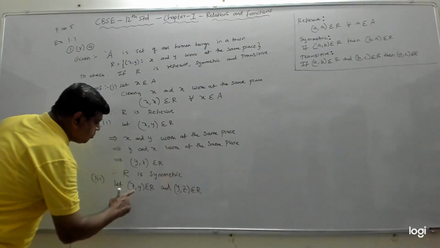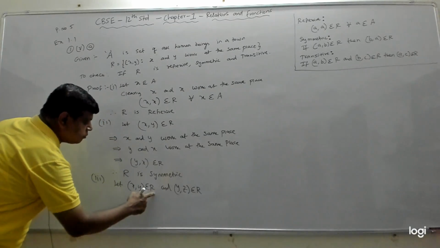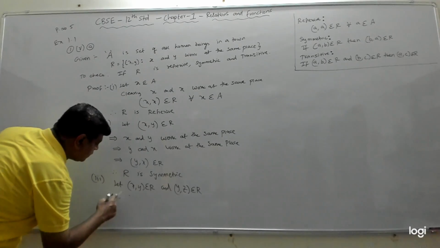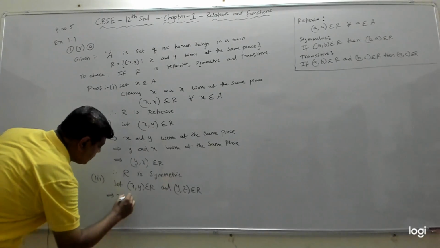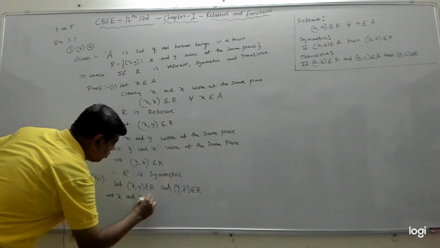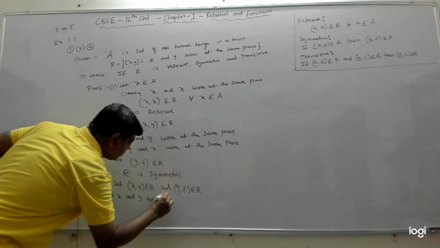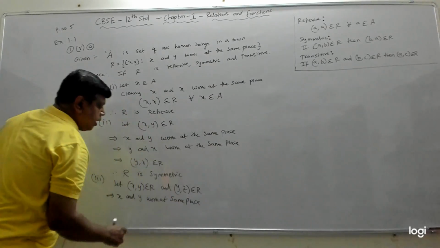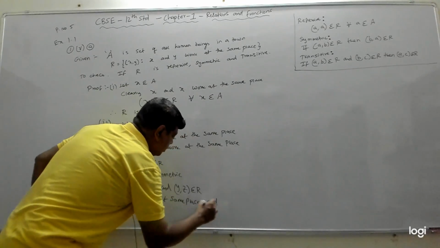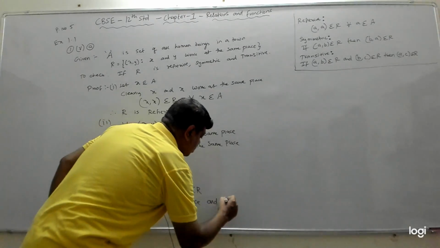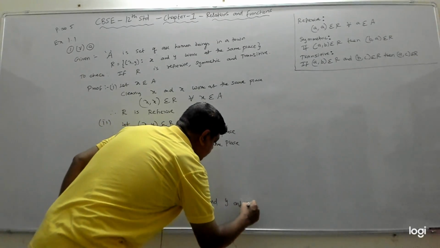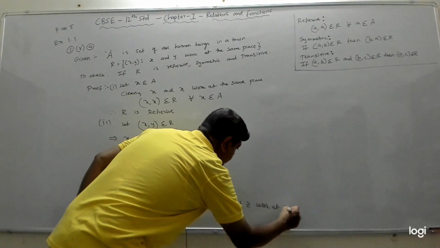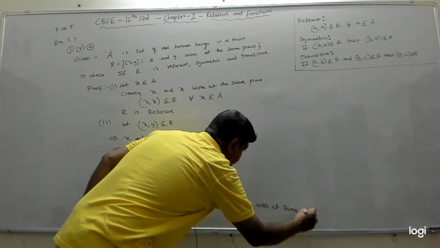Now what is the meaning of x comma y belonging to R? This means x and y work at the same place, and y comma z belongs to R means y and z work at the same place.